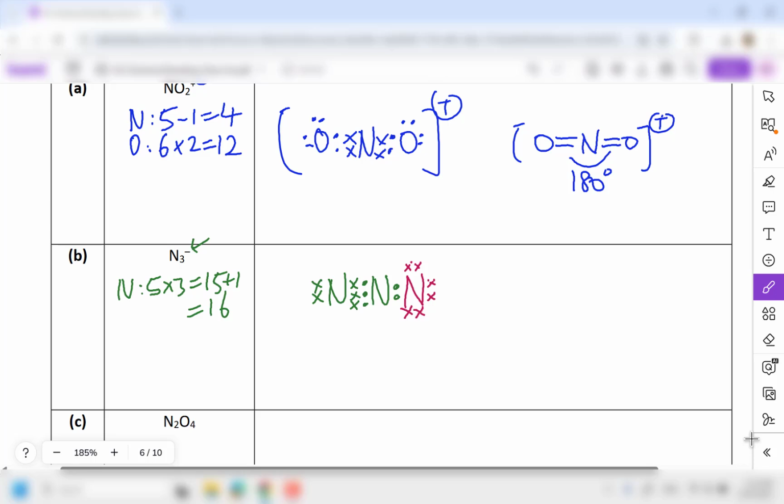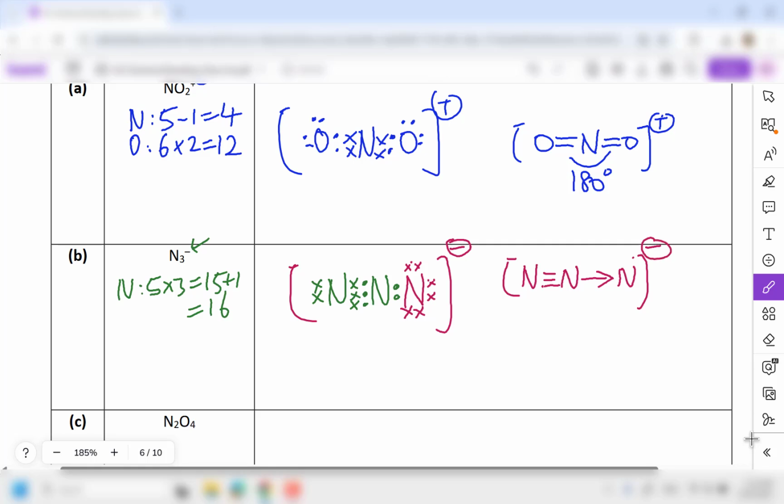Yeah, so this is just nice, square bracket over, charge minus. So in terms of the Lewis structure, there will be a triple bond, and a dative covalent bond towards nitrogen, and then a square bracket with overall minus.